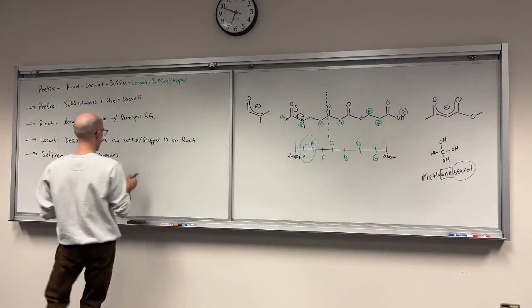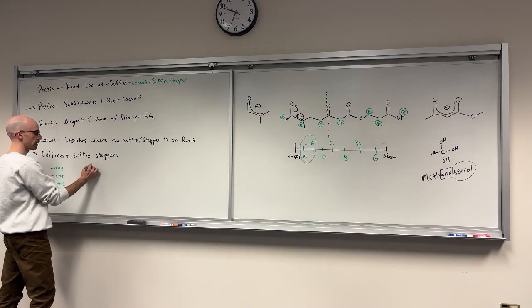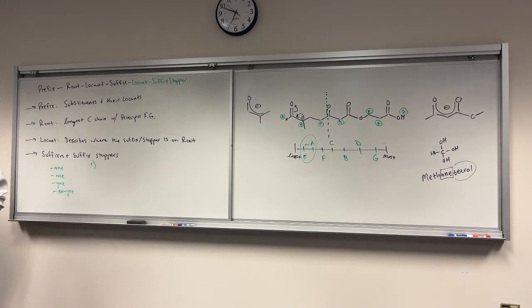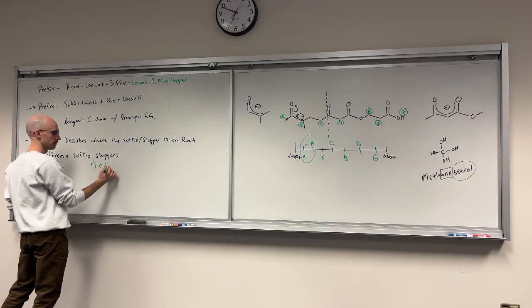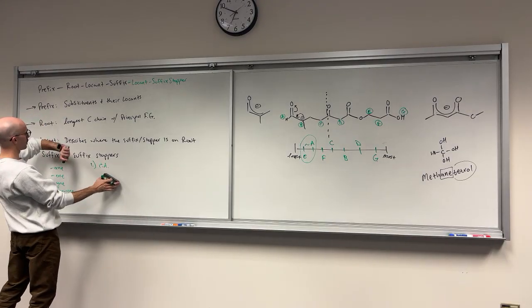So, suffix stoppers by order of priority. Do you know the highest priority suffix stopper? The highest priority principal functional group. Not alcohol. That was OCHEM 1. Carboxylic acid. If we have the time, my watch is dead.